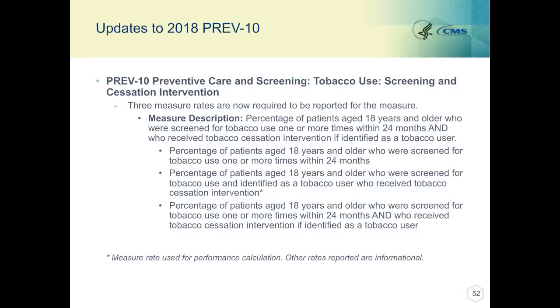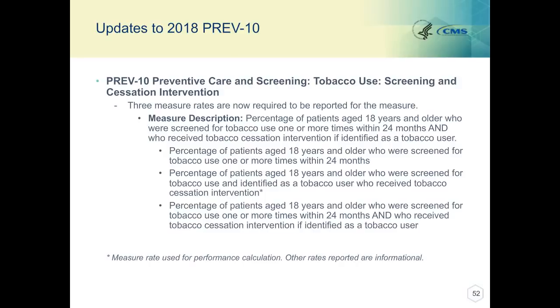The PREV 10 Tobacco Use Screening and Cessation Intervention measure changed significantly for 2018. There are now 3 measure rates required to be reported. The percentage of patients aged 18 and older who were screened for tobacco use 1 or more times within 24 months is the first rate.